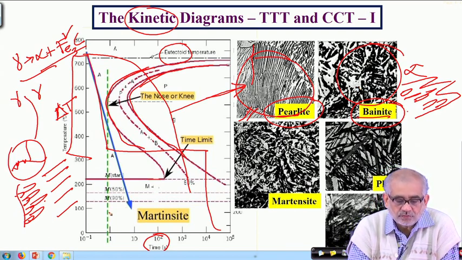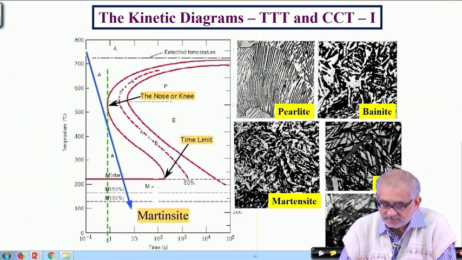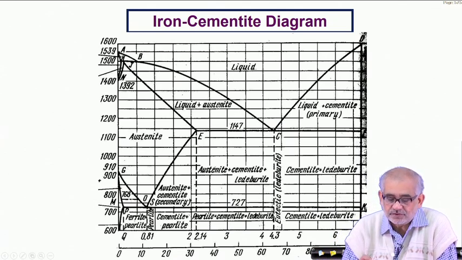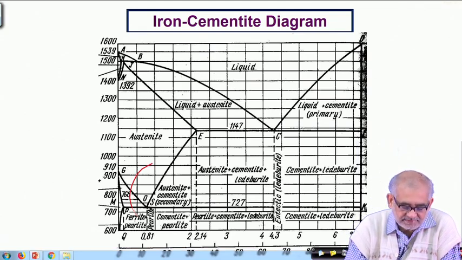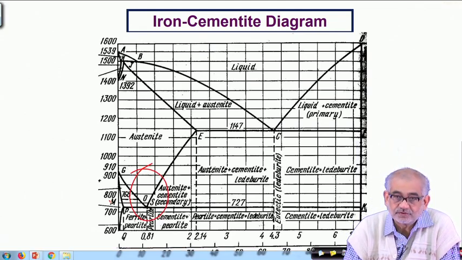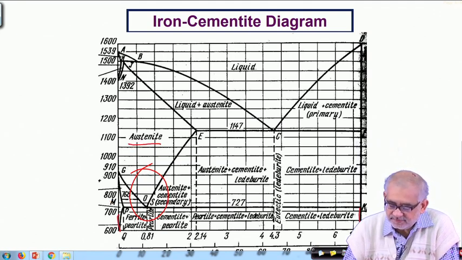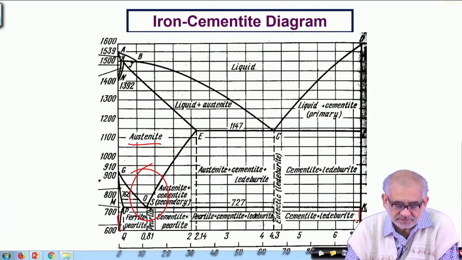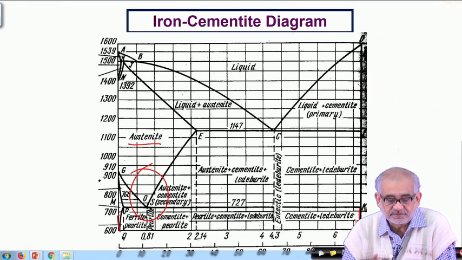So from the equilibrium diagram, what we earlier saw, while talking about this steel part of the diagram, is that this is the portion which is very, very important for us, because from a single phase we are going into a two-phase aggregate, and the way the two phases manifest themselves or present themselves in the microstructure makes it possible to call it pearlite or bainite.